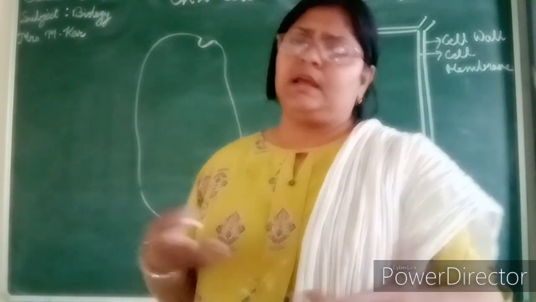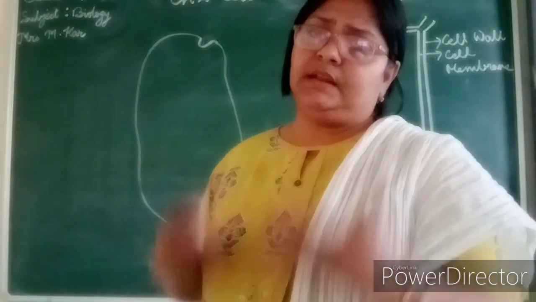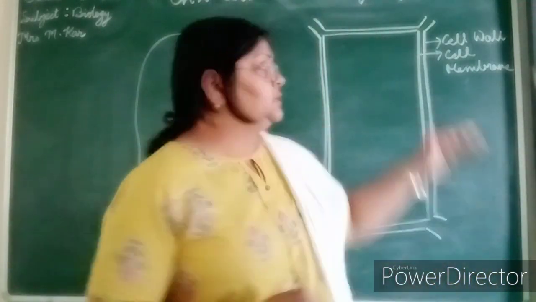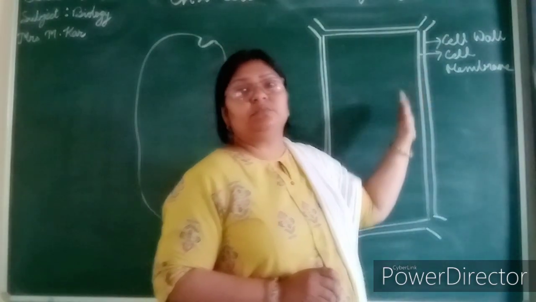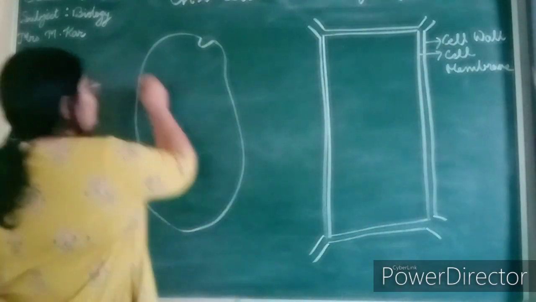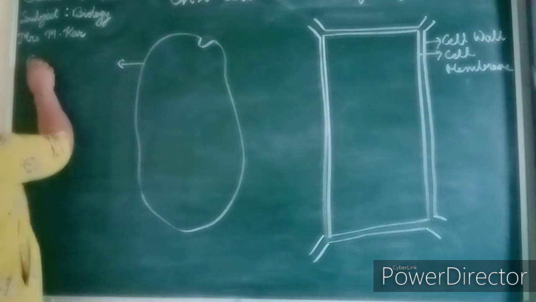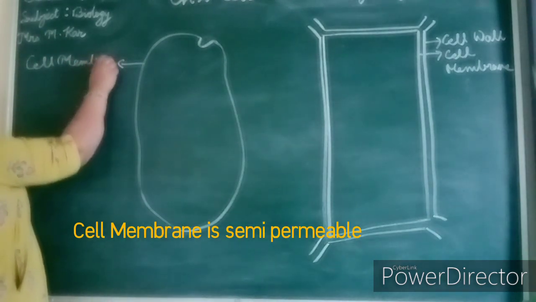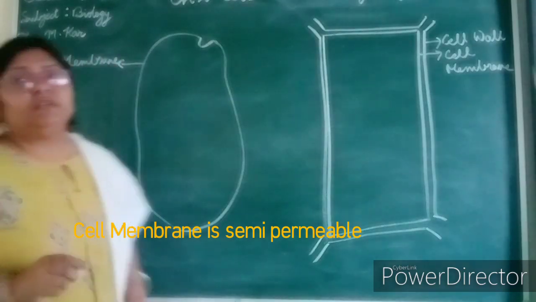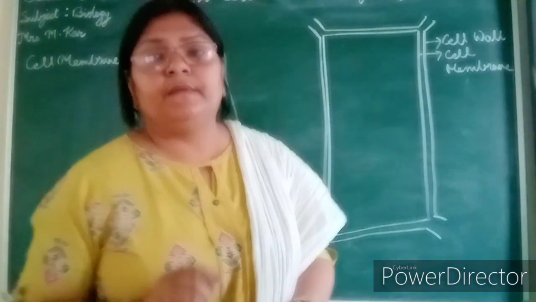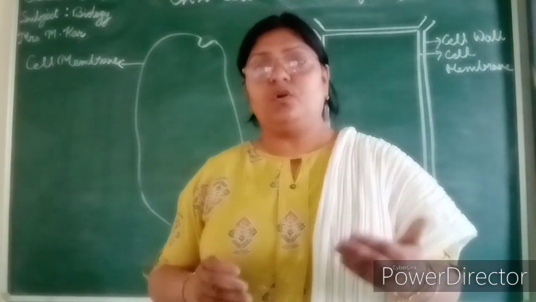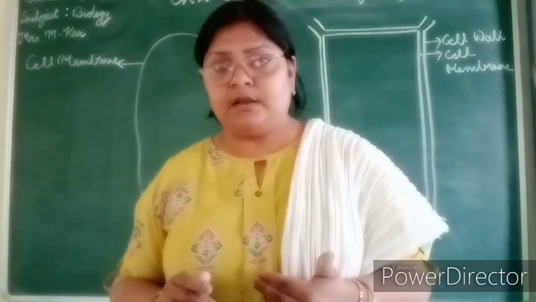Cell wall does not hamper or hinder anything to enter the cell or leave the cell. But cell membrane, which is present both in plant cell as well as in animal cell, is a selectively permeable membrane. That is, it allows only some substances to enter or leave the cell.